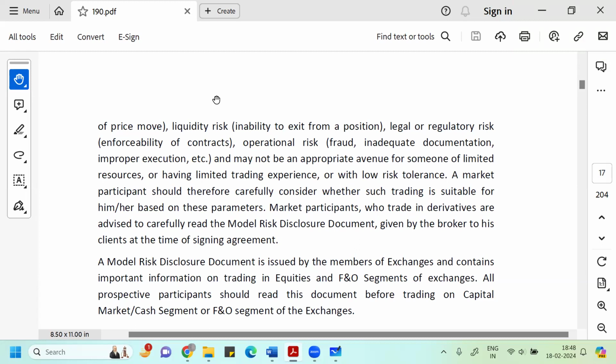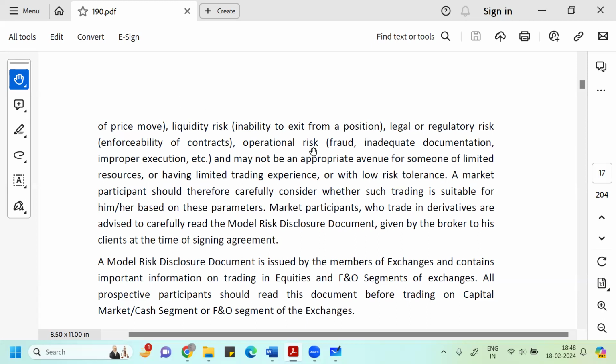Imagine you want to exit a forward contract before maturity. That is not possible because they are not traded on the exchange. So swaps or forward contracts, which are OTC-based instruments, have this liquidity risk, although because of futures and options we somehow try to minimize it.